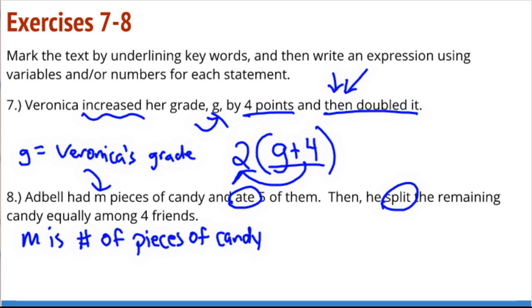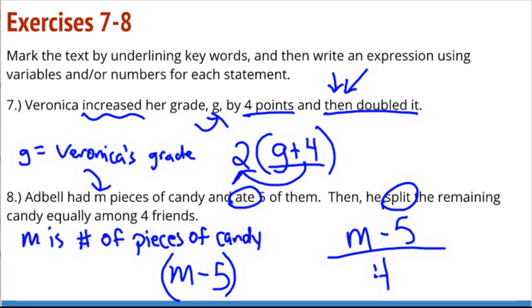So we have some candy, and we eat 5 of them, which will reduce the number of pieces of candy. And then we are going to split them amongst 5 friends. If you wanted to write this horizontally, you would have to use parentheses to indicate that the subtraction occurred first.